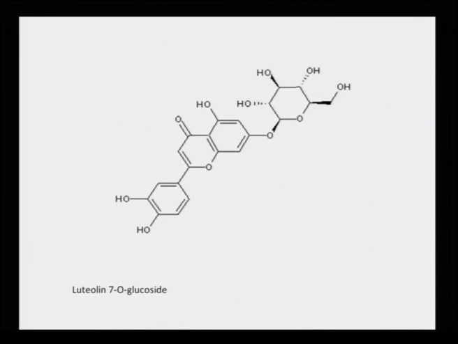Now, looking at one of the molecules, this is the structure of luteolin 7-O-glucoside. The glucoside is hanging on the top, and then there is the benzenoid ring which has 1 hydroxy, and the third ring has 2 hydroxy. Now, these 2 hydroxys are actually ortho to each other, very ideally suited for metal chelation.